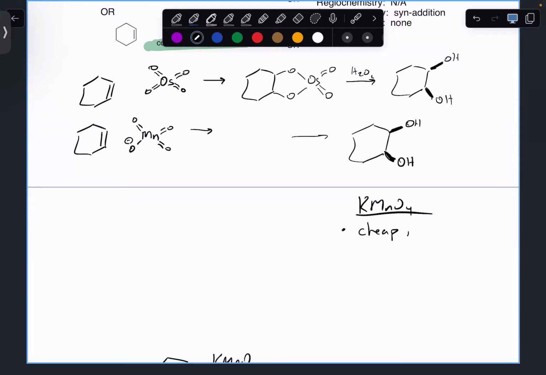Like it's a very, very common reagent. You can go into virtually any chemical stockroom on the planet, and they will nine times out of ten have potassium permanganate on the shelf. It's relatively non-toxic, so that's always nice.